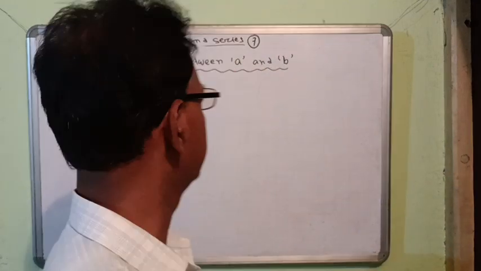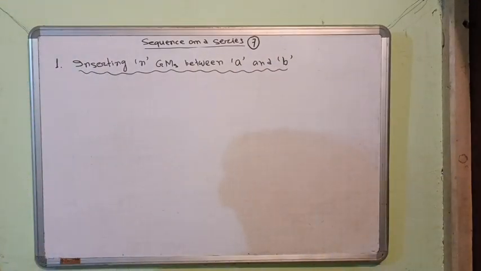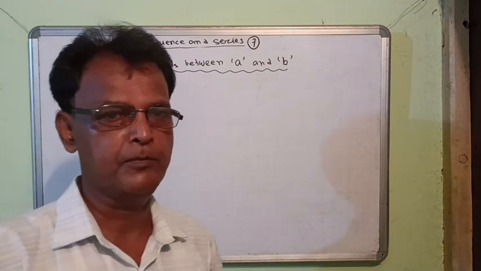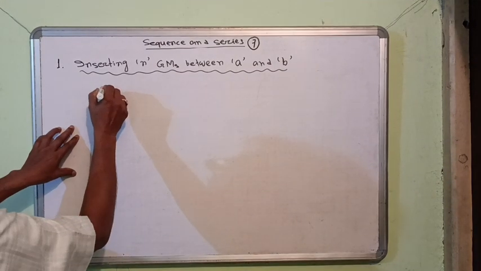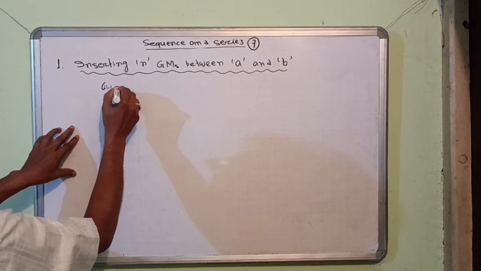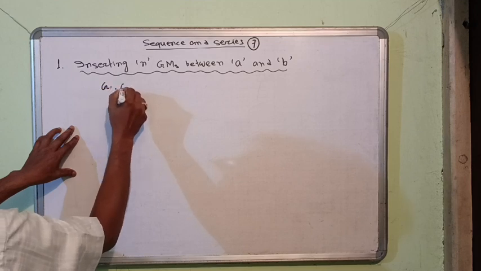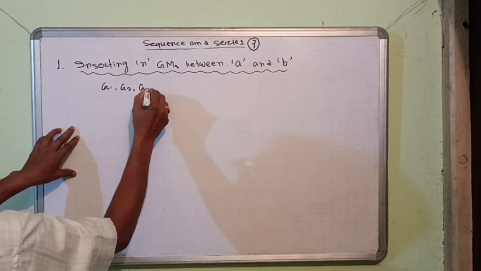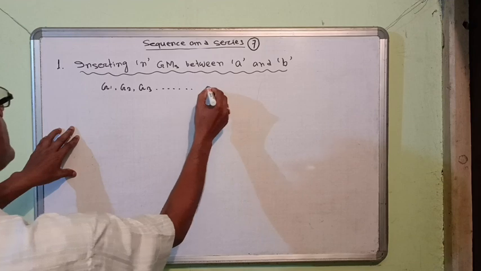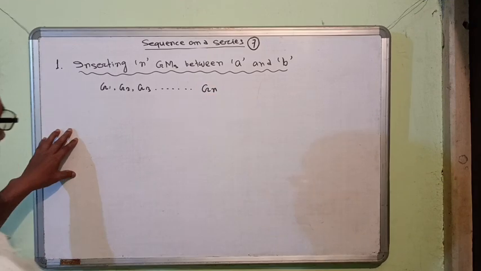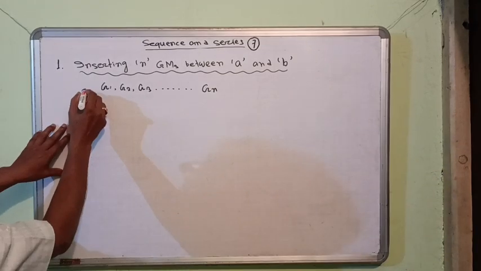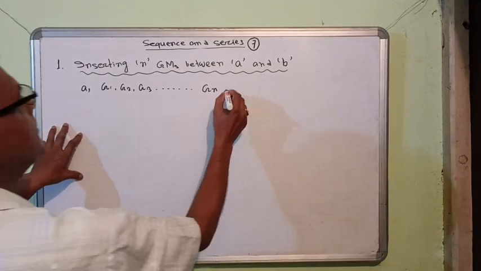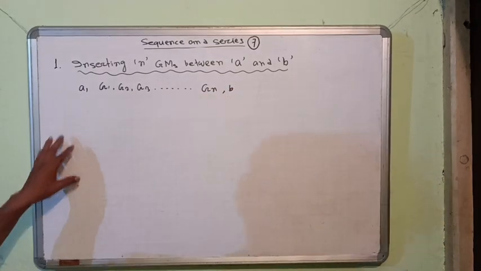Today's theory is inserting n GMs between A and B. Let Z1, Z2, Z3 ... Zn be the n GMs in between A and B. Suppose A here, B here.